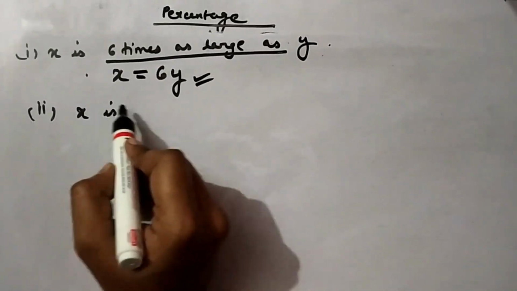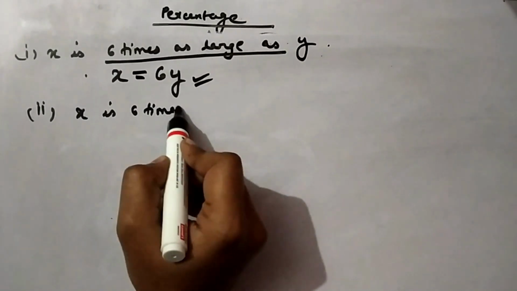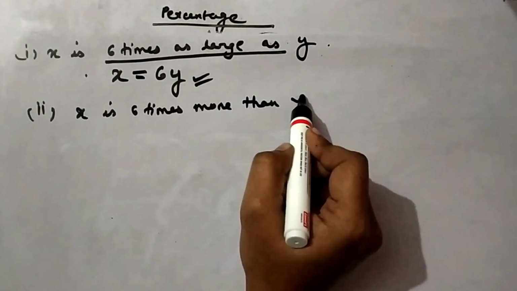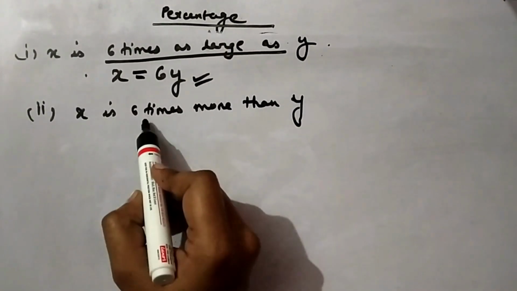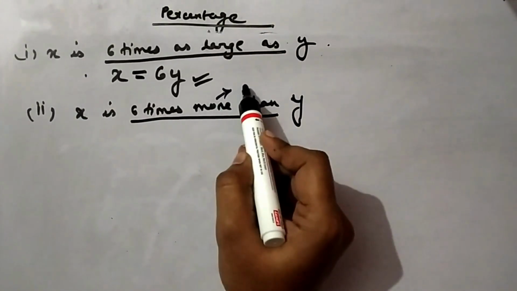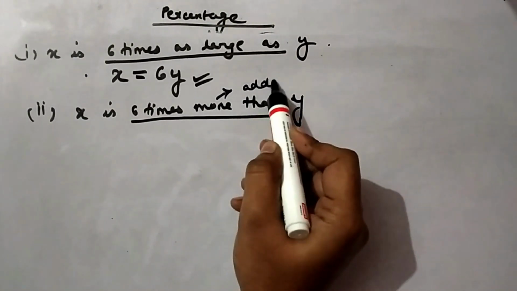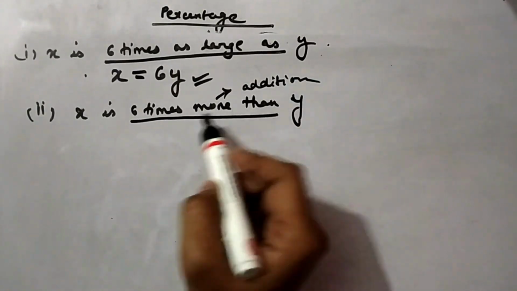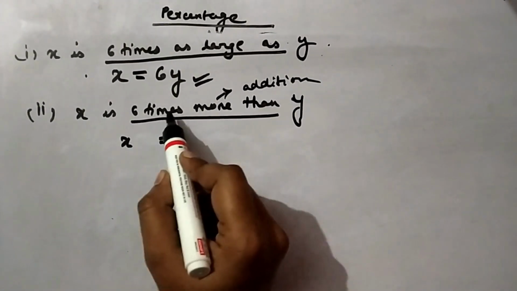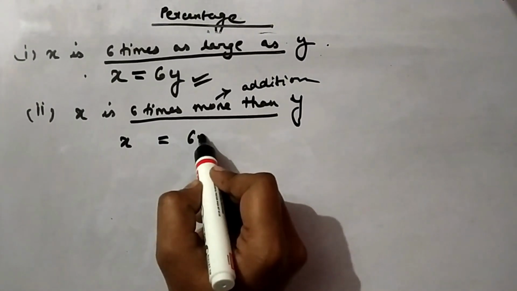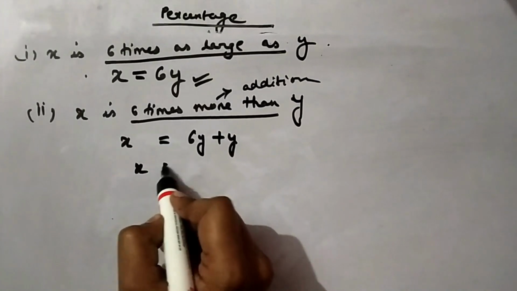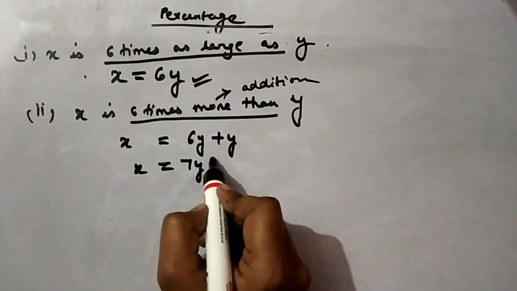X is 6 times more than Y. So X is 6 times more than Y. More is what? More is addition. So X is 6 times means 6Y, more than Y means plus Y. So X is equal to 7Y.